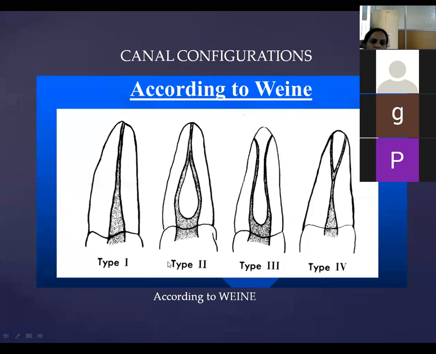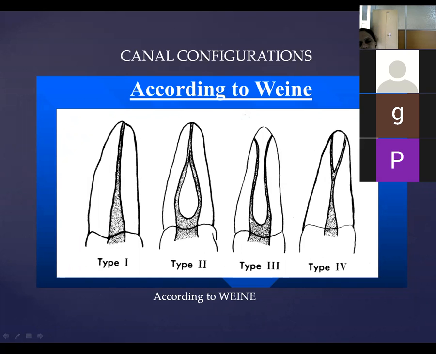Next is two canal orifices while leaving the pulp chamber, but as they leave the pulp chamber they become separate, and in the apical one third they again join into one. This is type 2 canal configuration.